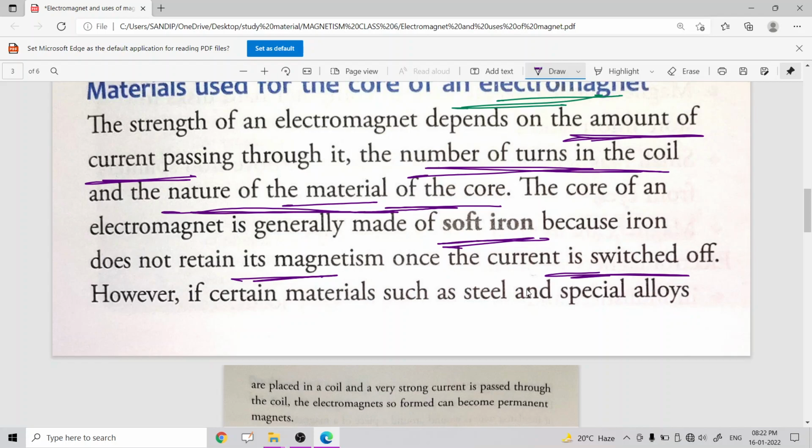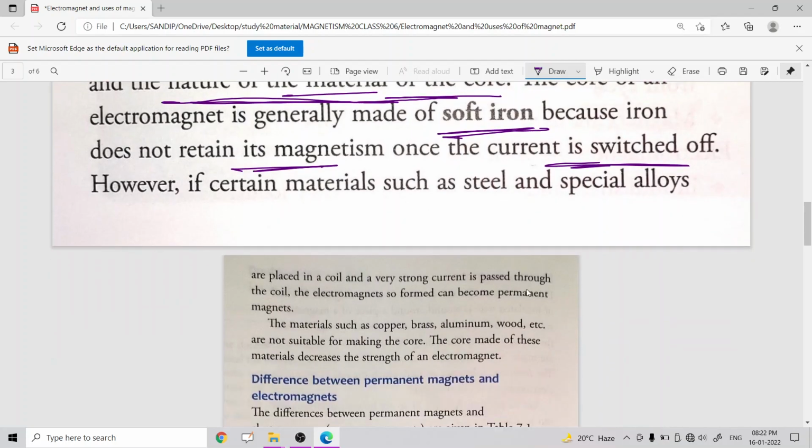But if we use steel or some type of alloy, then we get a strong magnetic strength. If we use steel or any special type of alloy as the core, and we use a very strong current, then we get a permanent magnet.